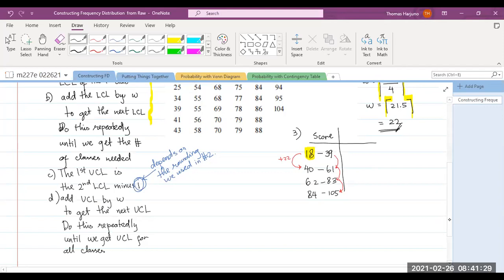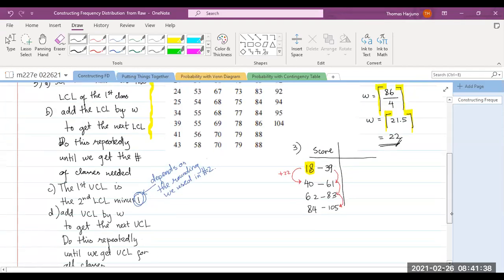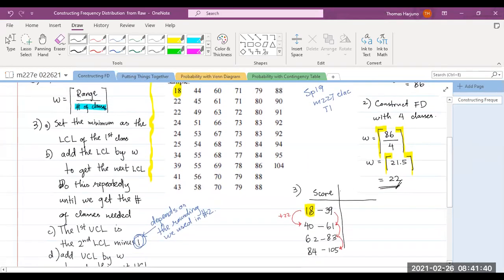The last step, you can call that step 4. We do the tally. Basically we look at the frequency. Look at that data. The first class is from 18 to 39 to here. So that's the first class. How many of them?